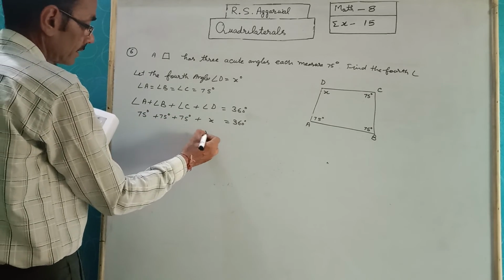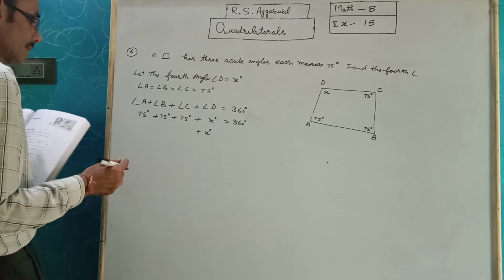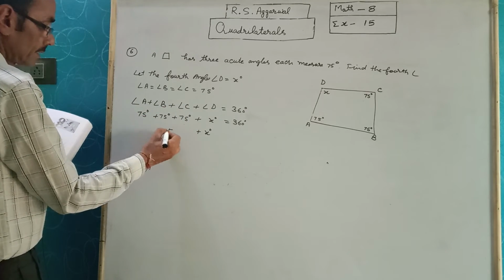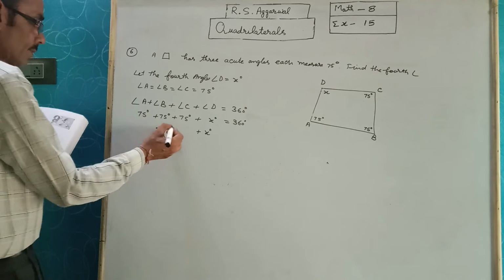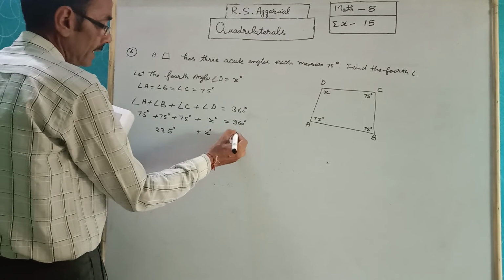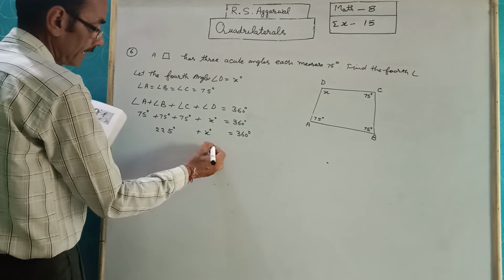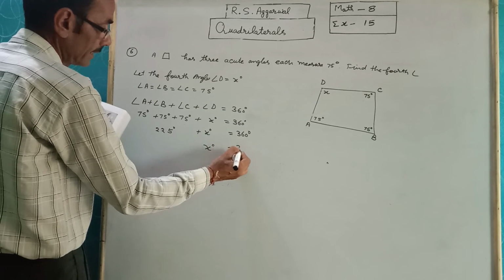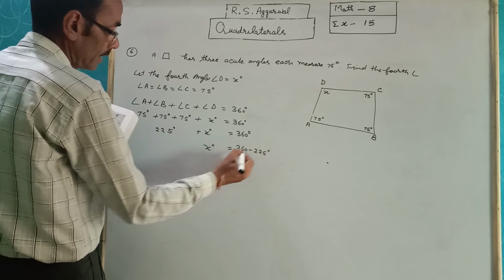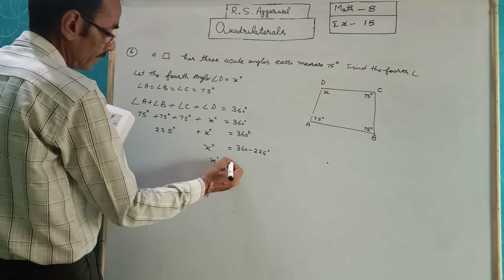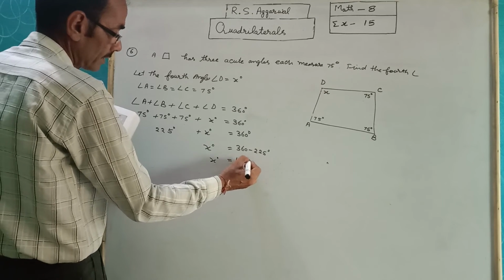75 plus 75 plus 75 is 225 degree plus x is equal to 360 degree. X equals 360 minus 225. After subtracting, x value is 135 degree.